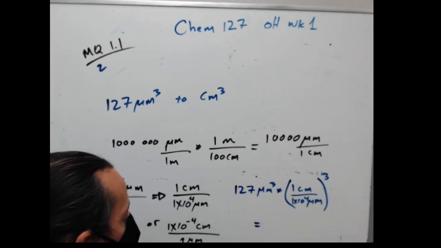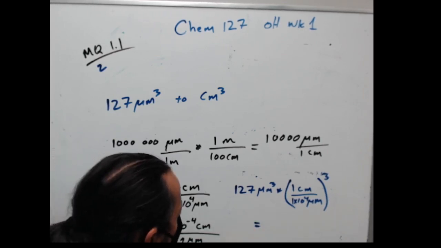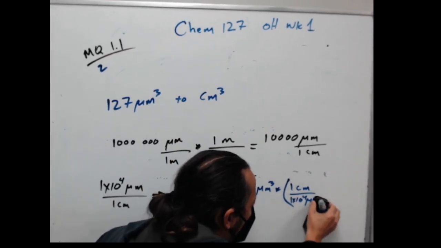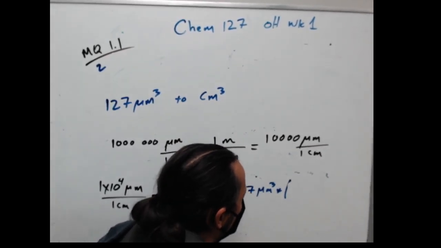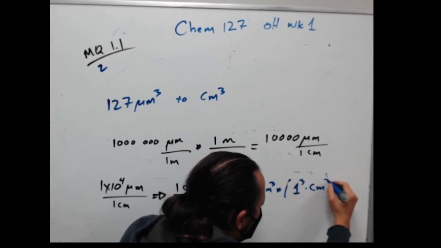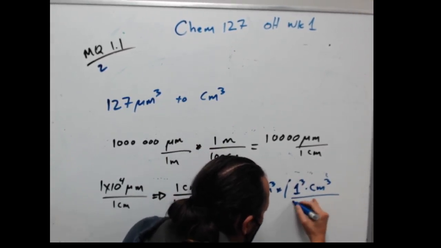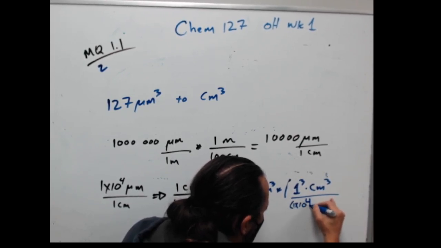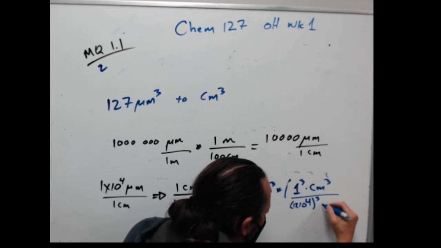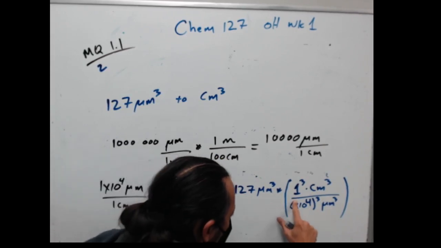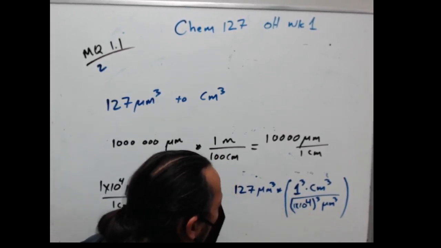So when this cube comes in, this cube is going to cube everything inside this parenthesis. So I'm going to have 1 cubed times centimeter cubed divided by 1 times 10 to the 4 quantity cubed micrometer cubed. Everything gets cubed. Make that parenthesis a little bit bigger.